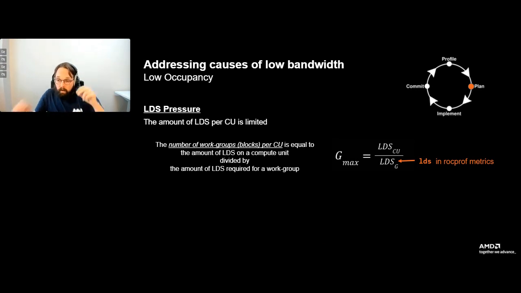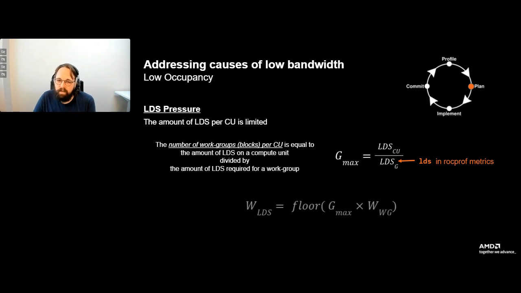And the way you want to calculate this: the number of work groups, so the number of CUDA blocks, that you can put on a single compute unit is going to be the amount of local data share memory that you have on that compute unit divided by the amount of local data share that's required for that work group. That's going to tell you how many work groups that compute unit can actually support.